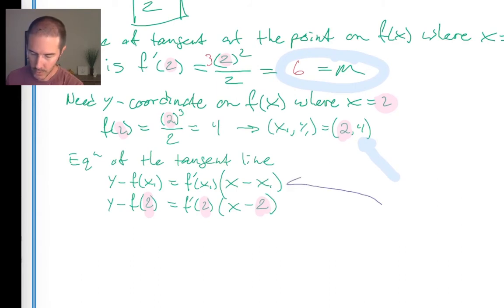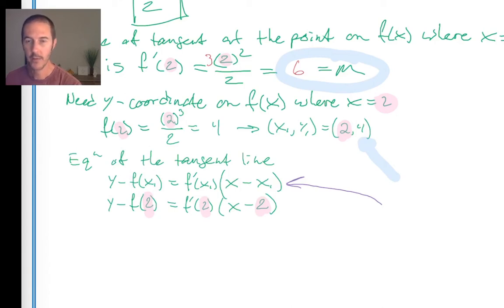And here's the equation, very generic equation for point slope form, except instead of saying y1, we're saying f of x1, and instead of saying m, we're saying f prime of x1. And now what I'm doing is I'm plugging in what I know to be x1.